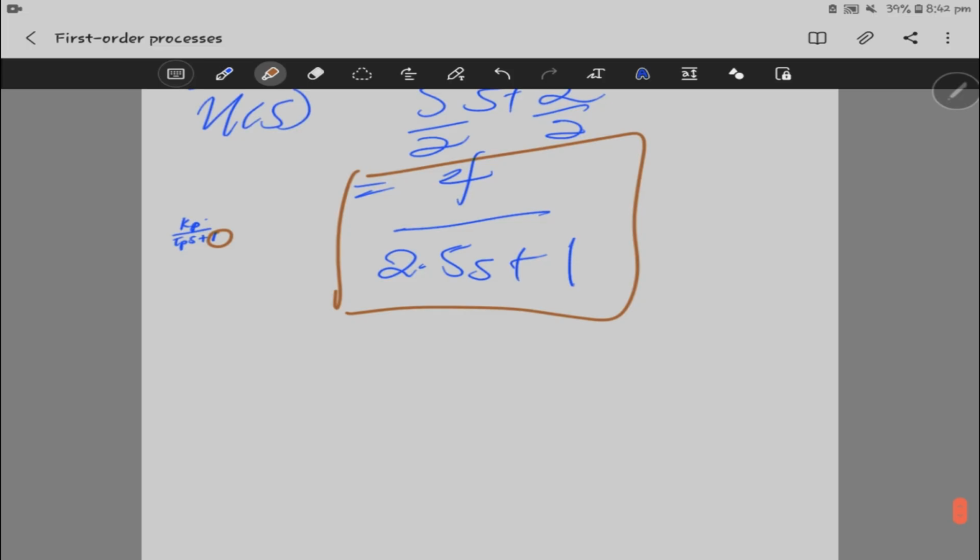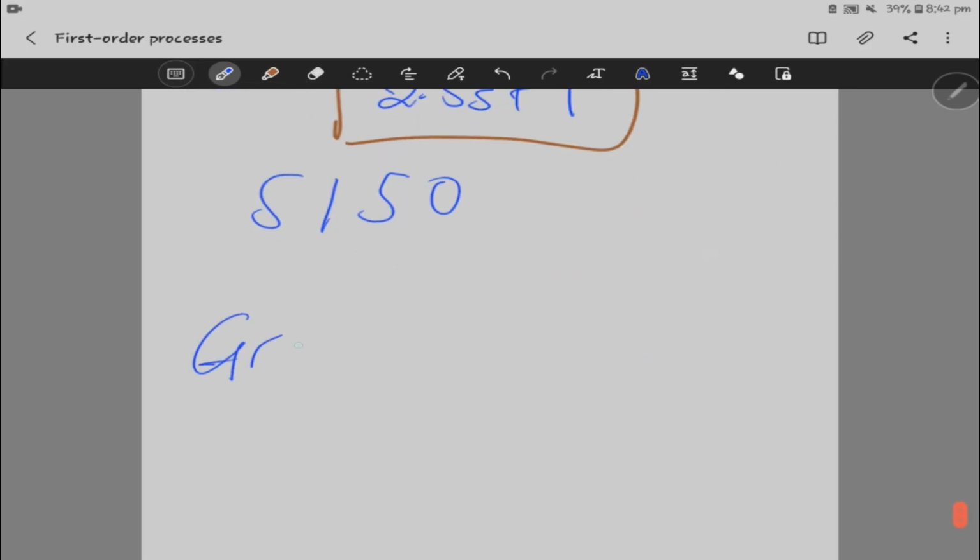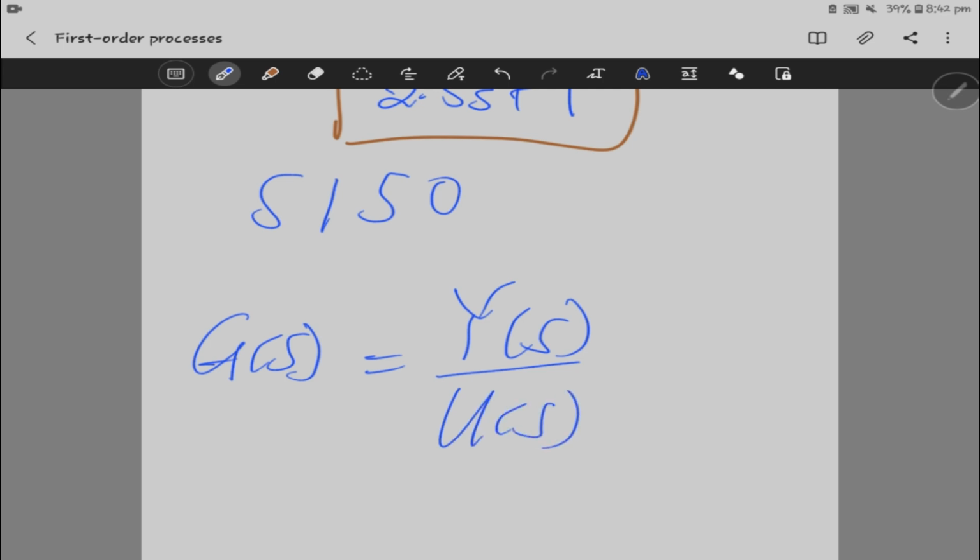So here we clearly know that this system or process is a single input, single output system, right? Okay. So here this is the same as G of s, the transfer function. So basically, now let's talk more about the transfer function. We said it is Y of s, the output, over U of s, the input, Laplace transform.